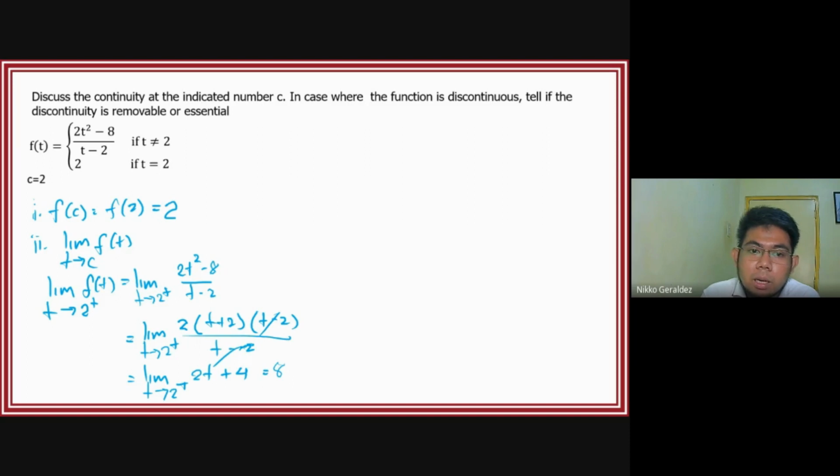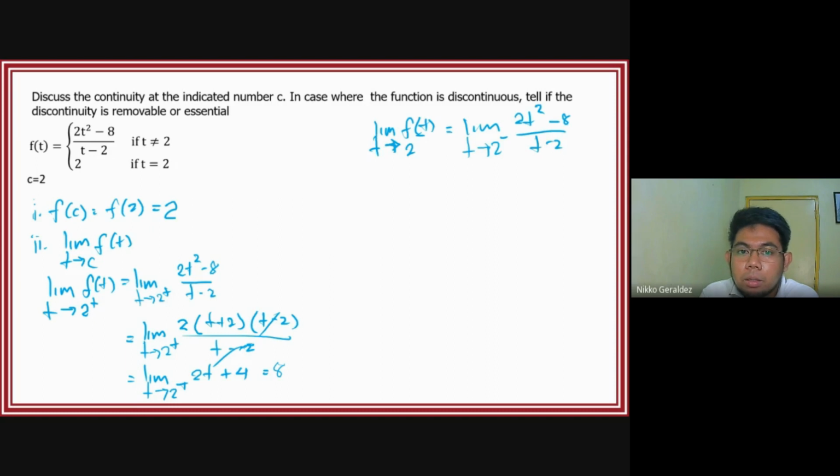Next, the left-hand limit. Limit of f of t as t approaches 2 from the left. That is equal to the limit of 2t squared minus 8 over t minus 2 as t approaches 2 from the left.